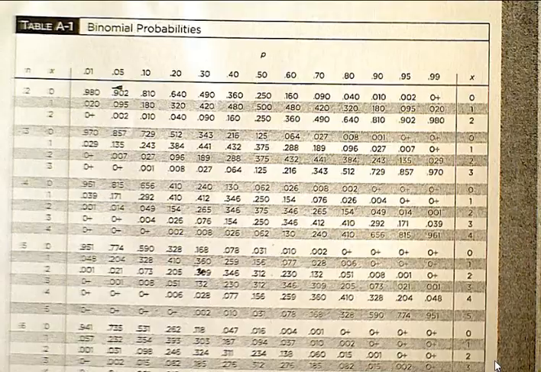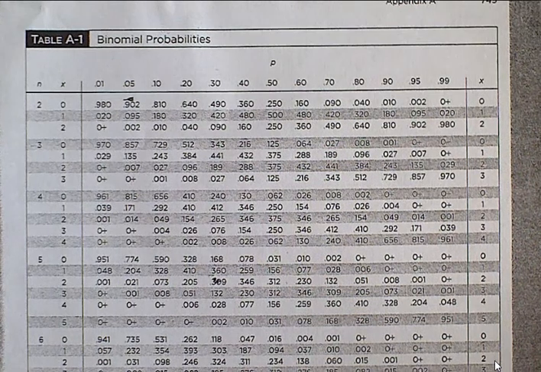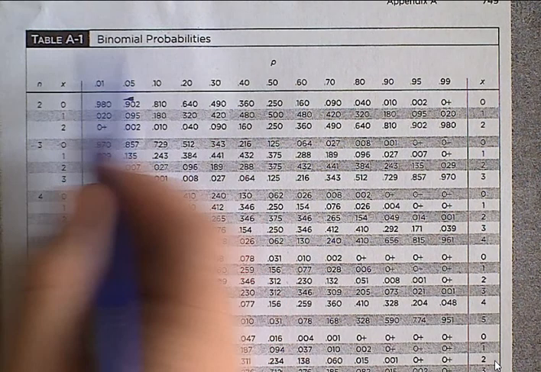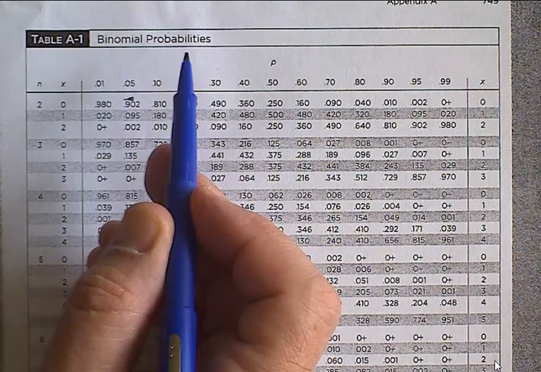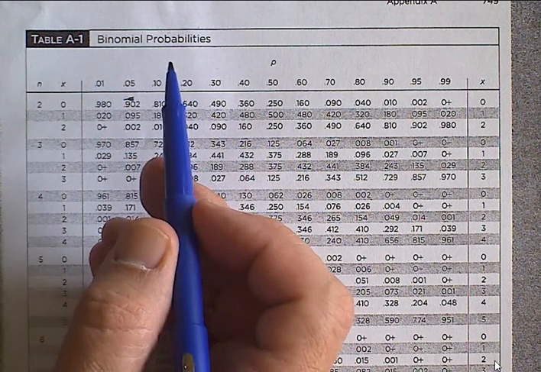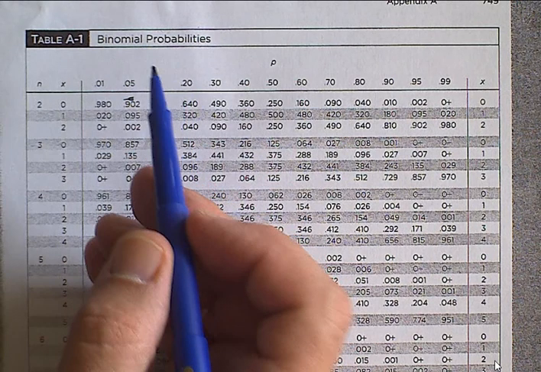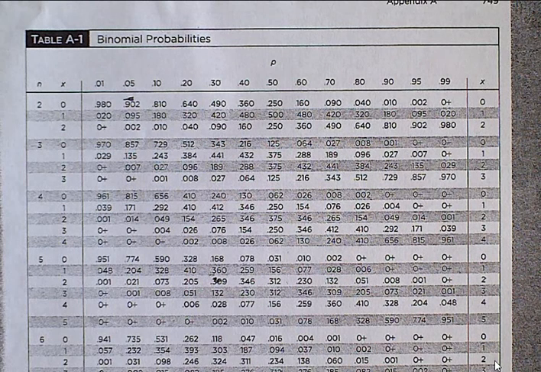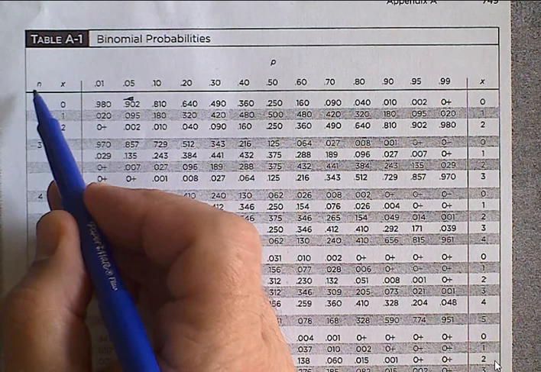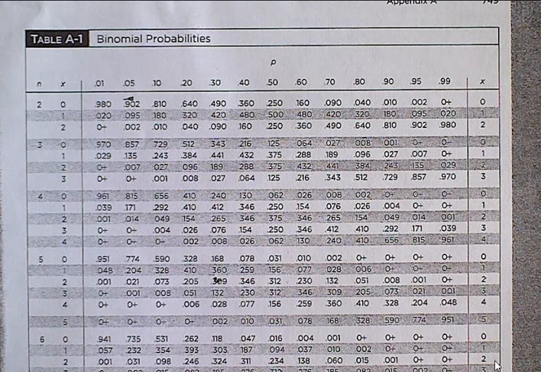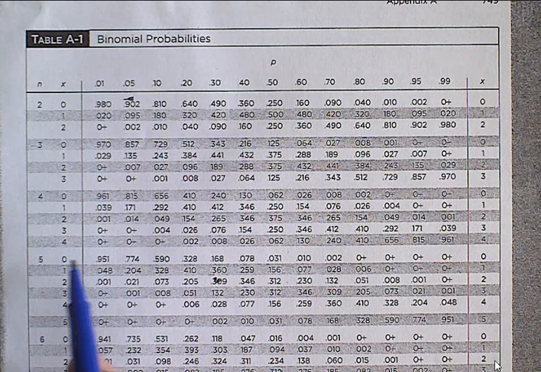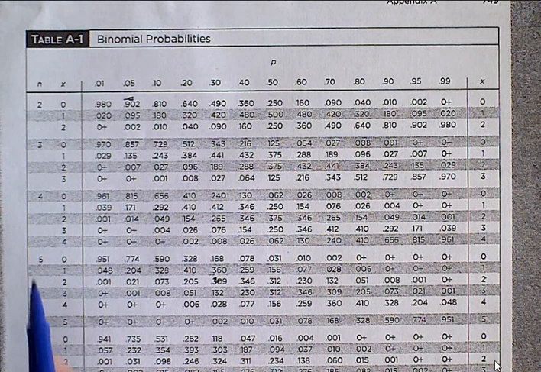You want to grab this worksheet where this is the title of the table, A1 binomial probabilities. Okay, now on number 12, you're given that n equals 5. N is right here. You follow it down to where it equals 5. The X then has to be 0, 1, 2, 3, or 4. So we want to find out when is N5 and X equal to 1.